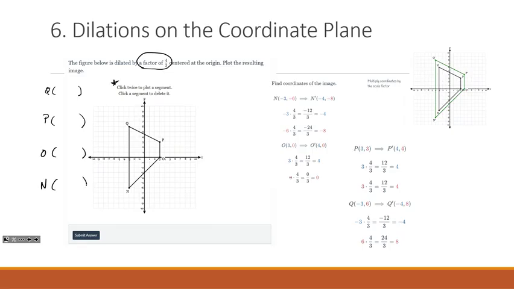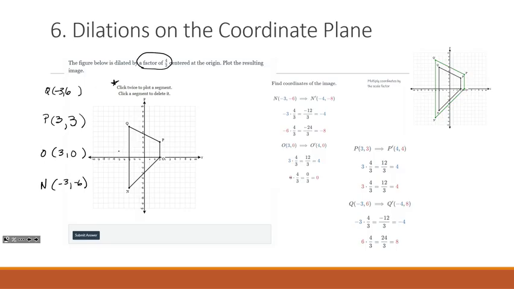Okay, let's write these original coordinates. -3, 6. 3, 3. O is going to be 3, 0. And this one's going to be -3, -6.